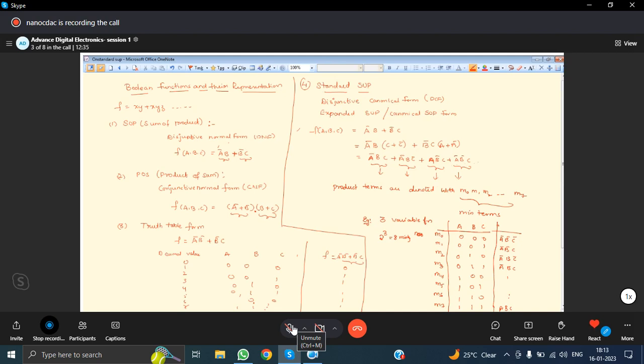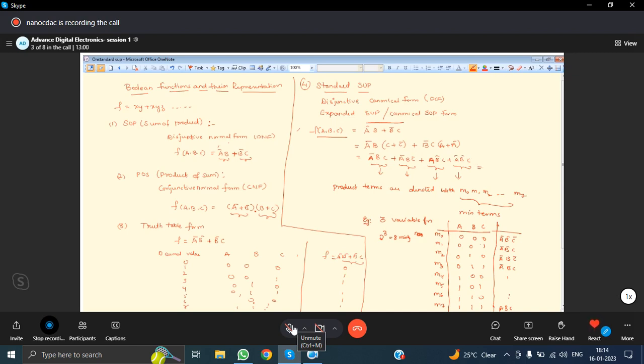Now see here, in this example I have taken A bar B plus B bar C. Now the function with variables A, B, C can be represented in terms of minterms as what?